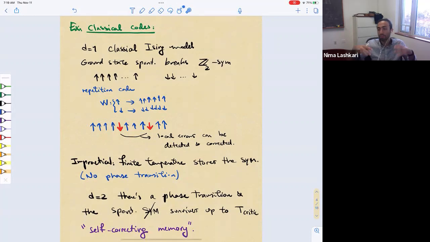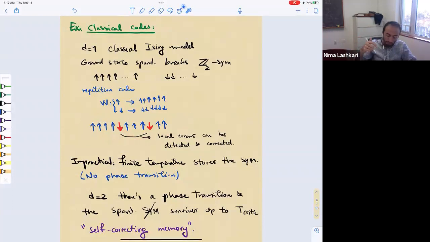But you could detect these errors and correct for them. And the idea is that errors accumulate. Larger scale errors are going to be exponentially suppressed by the size of the errors, because these are independent local errors occurring. So the possibility for an error to flip all the spins at the same time is very, very tiny.